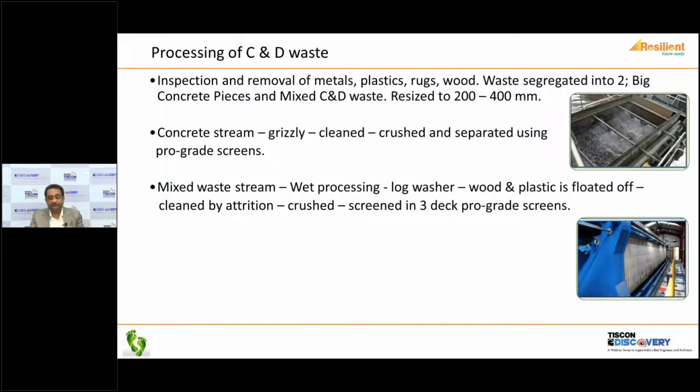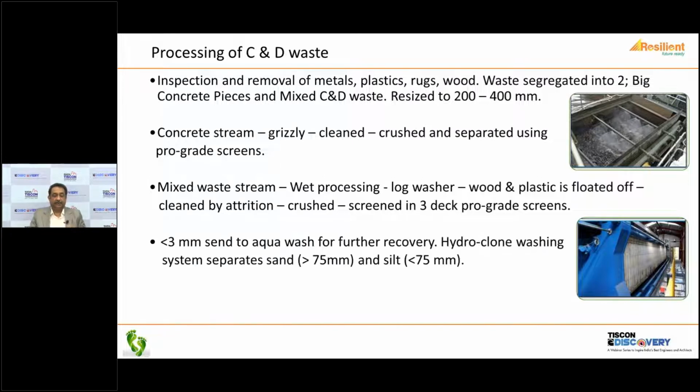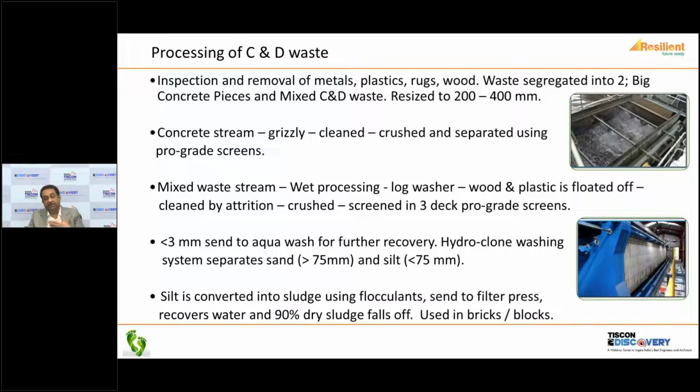And after that, the 3 mm down, which is basically the sand, is sent for further recovery into the aqua wash. In this aqua wash, using the hydrocyclone washing system, it segregates 3 mm down, 75 microns and above into sand, and 75 micron and below into silt. The sand goes back after cleaning and processing into the stockpile, whereas the silt is taken away and converted into a sludge using flocculants.